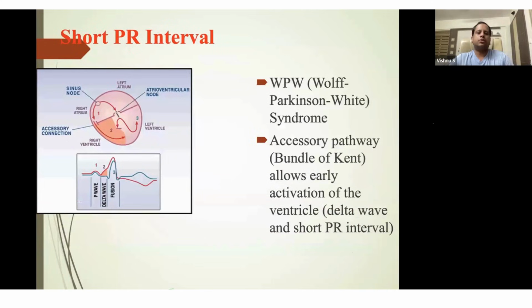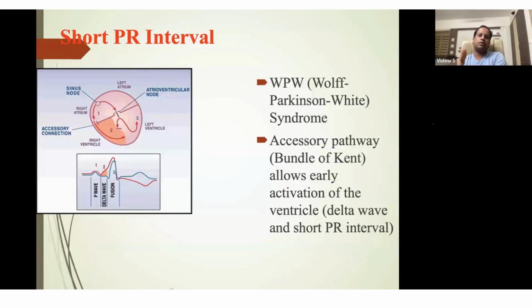Some patients will have a short PR. We already discussed Wolff-Parkinson-White syndrome. In Wolff-Parkinson-White syndrome, there is an accessory atrioventricular connection, so the conduction will not have the AV delay. The AV delay is there because of the specialized conduction system.